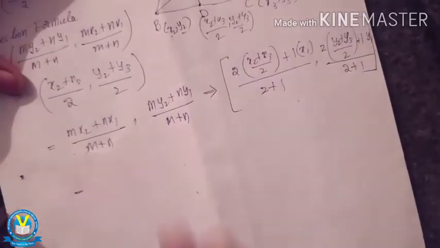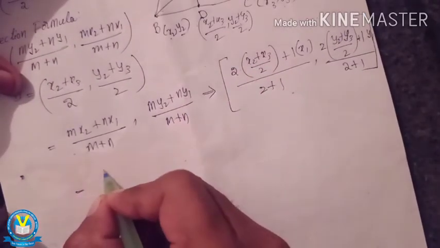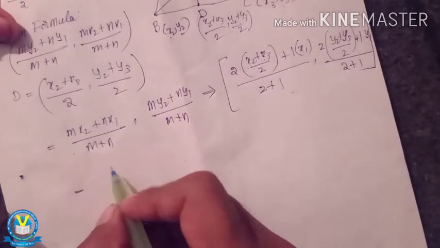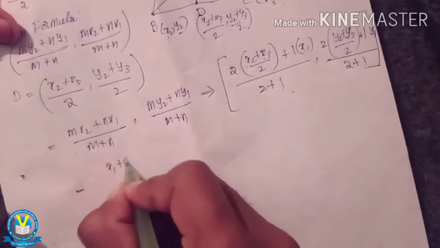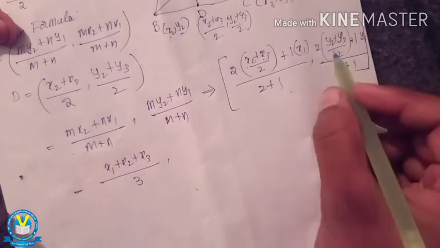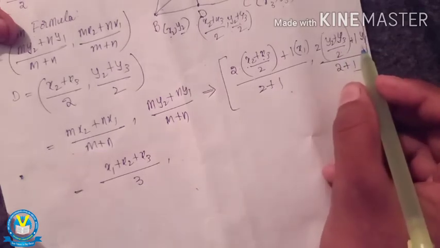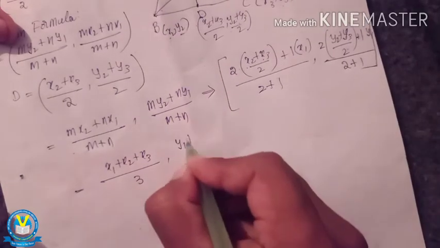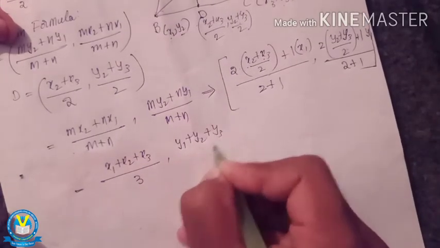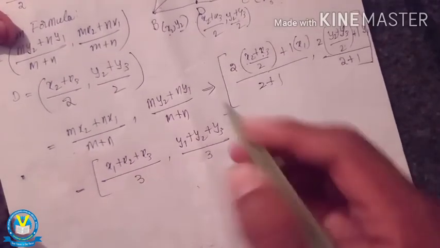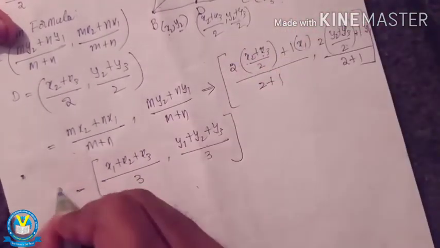So here the 2 cancels, so x2 plus x3 plus x1 can be written in sequence: x1 plus x2 plus x3 by 2 plus 1, that is 3. Same, the 2 cancels, y2 plus y3 plus y1, which can be written in sequence: y1 plus y2 plus y3 by 3. This is the point G.